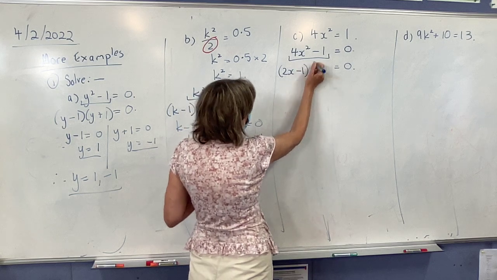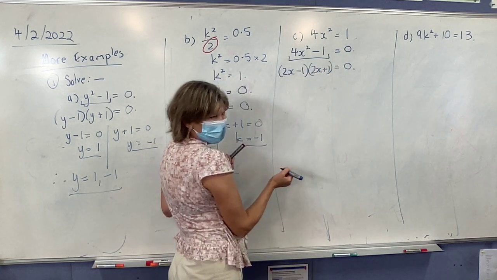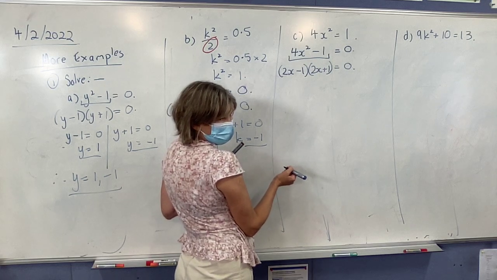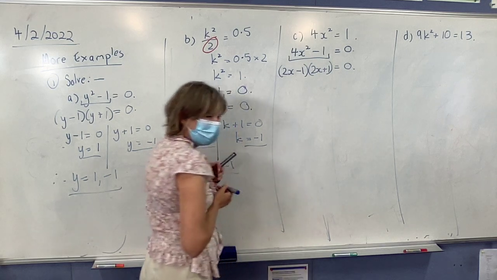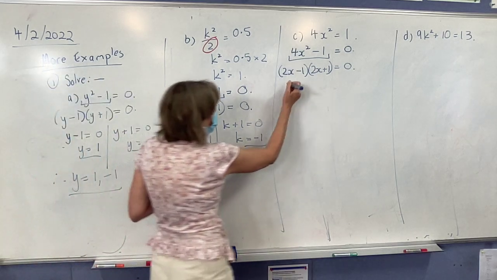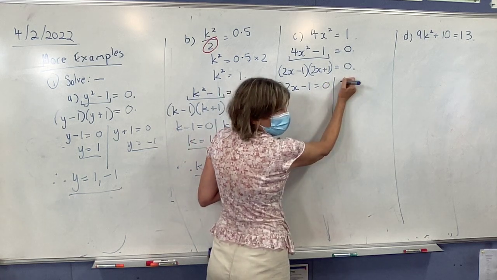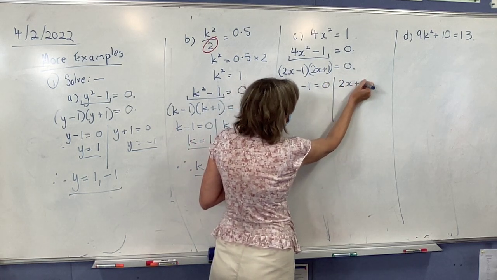Yep. And then 2x plus 1. Perfect. Keep going. 2x minus 1 equals 0. Yep. And then 2x plus 1 equals 0. Continue.